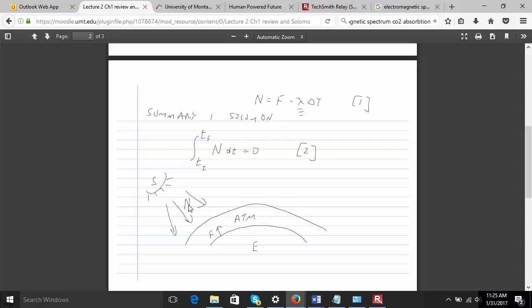Another thing to keep in mind, whether or not you've had calculus, doesn't really matter, but that integral sign is just a symbol for summation. It just means that I'm adding up all of that radiation. So, think back to that radiation curve. I'm adding up every single photon that hits the planet from T initial to T final.